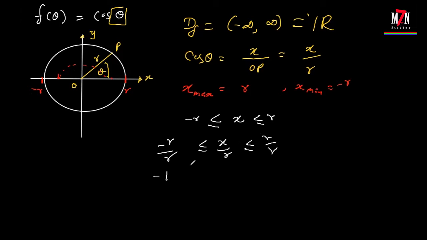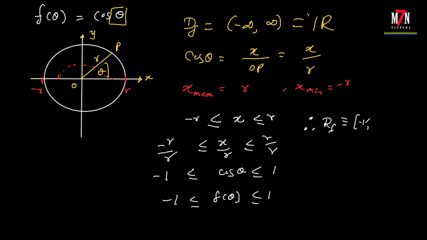Instead of x over r you can write cos theta, so here we have -1 less than or equal to f(theta) less than or equal to +1. So we have the range as -1 to +1. That is R f, the range, and we know D f is the set of real numbers.